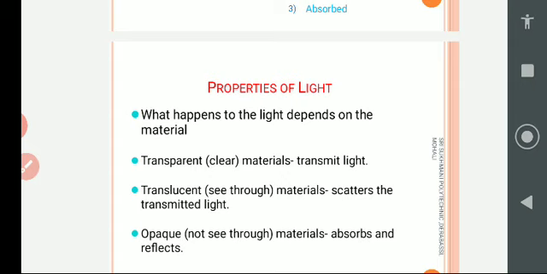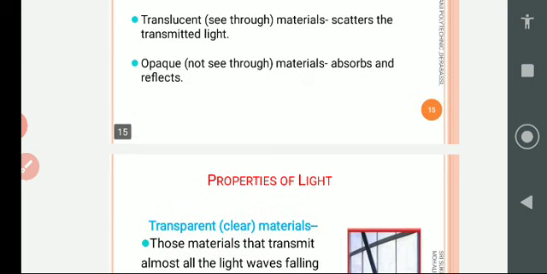Translucent material scatters the transmitted light after the light goes into the material. And the third one is opaque. Opaque means the material from which we cannot see. Such materials absorb and reflect the light.